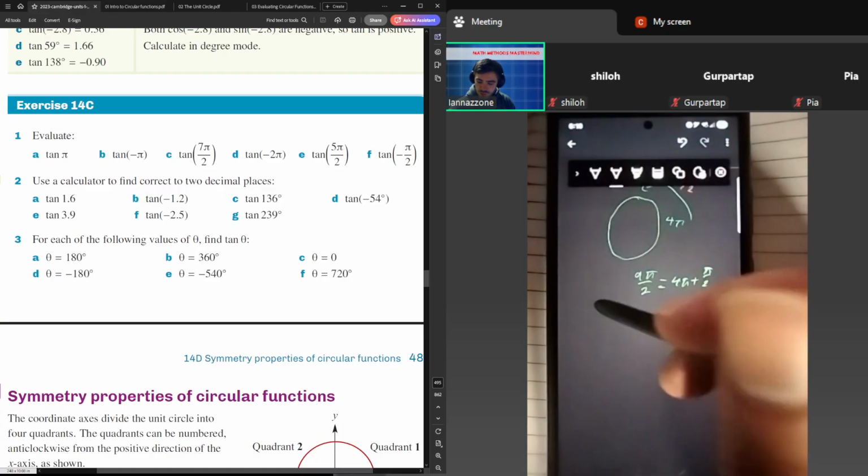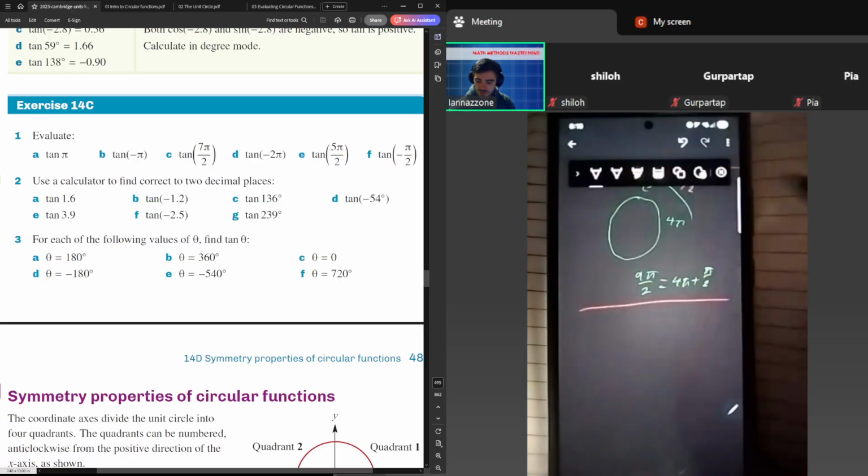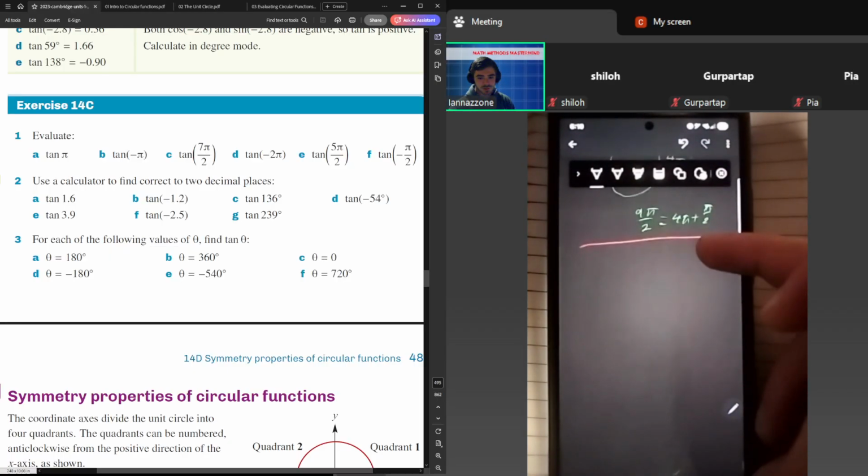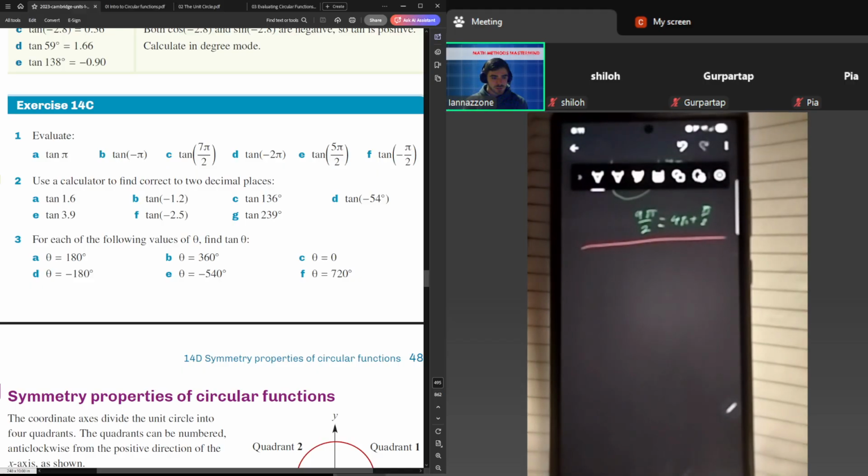For those who aren't super nice with degrees, there is a way to get it back in terms of radians, should you wish to make it more familiar to you.